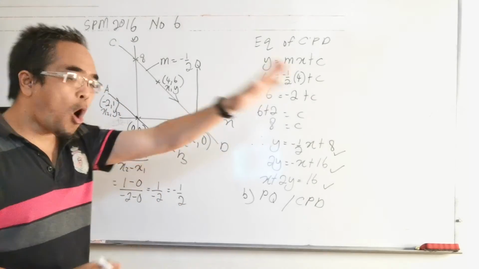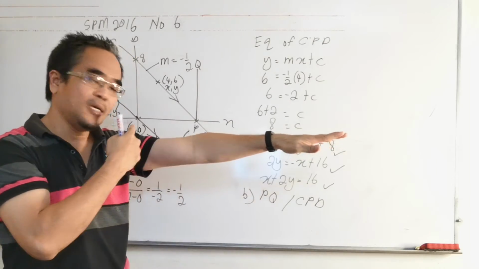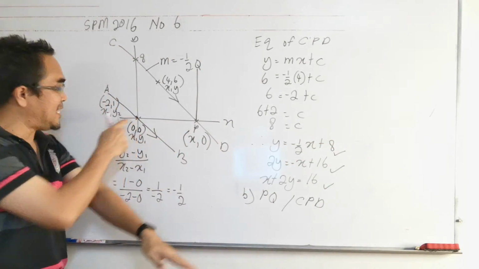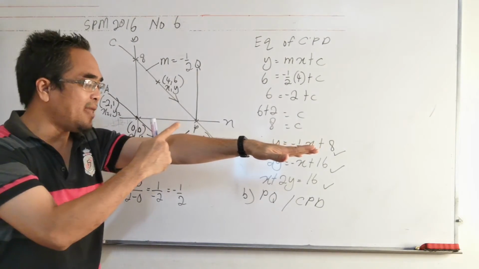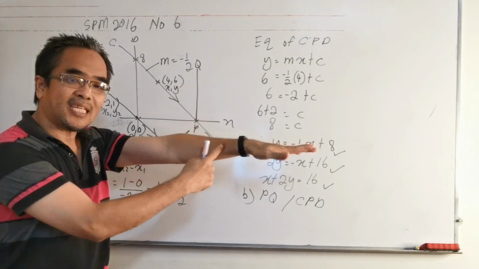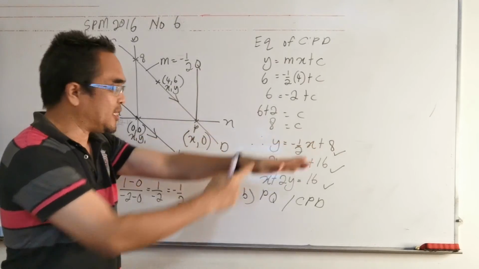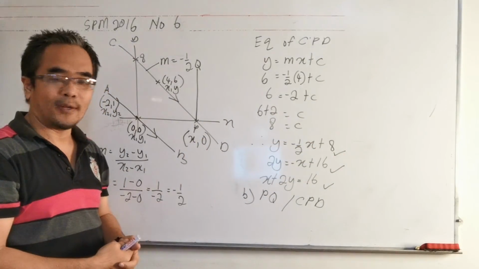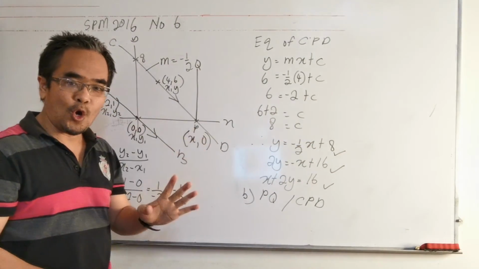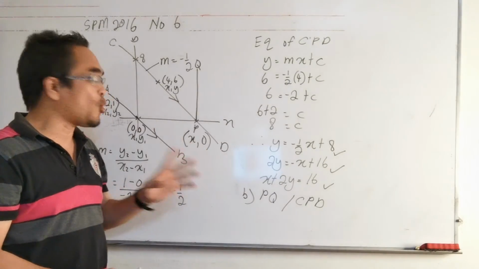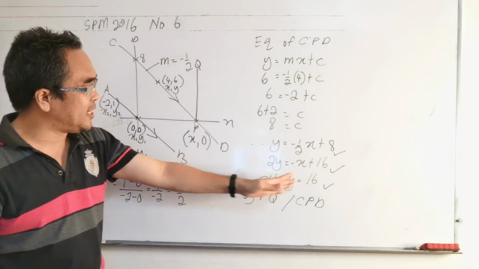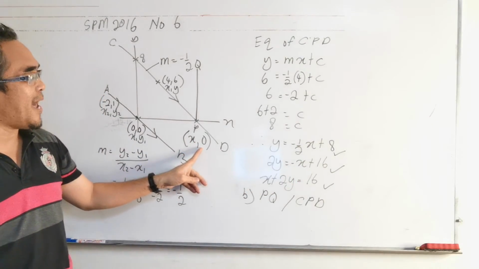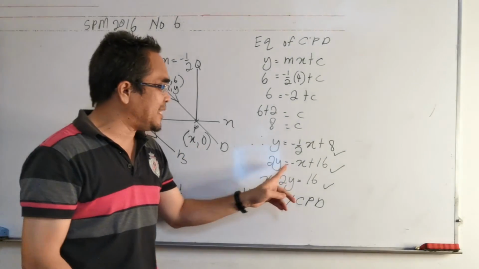On the x-axis the coordinates are 0, 0, then 1, 0, then 2, 0, 3, 0, 4, 0, and so on. The x is not known, but the y is constantly 0. So you replace the value of y with 0 in any of the equations.